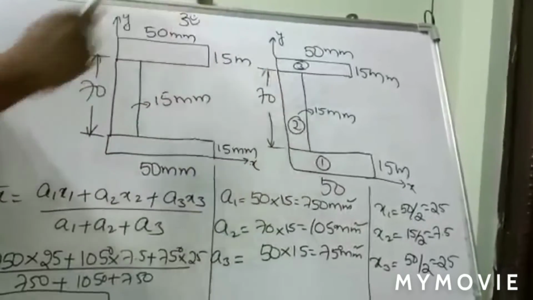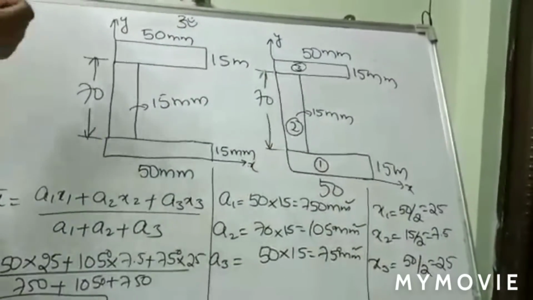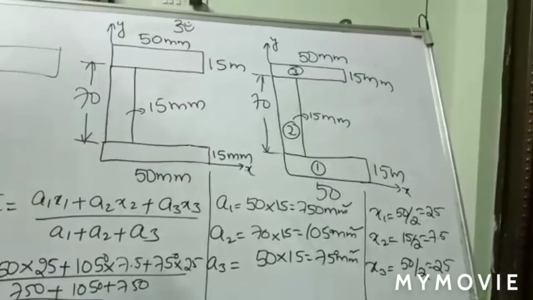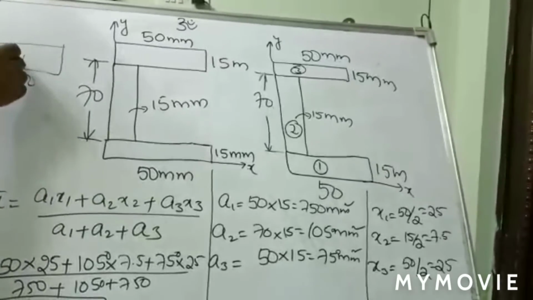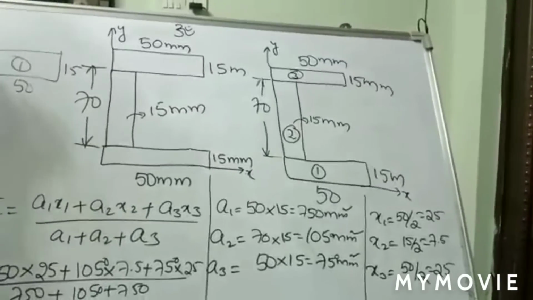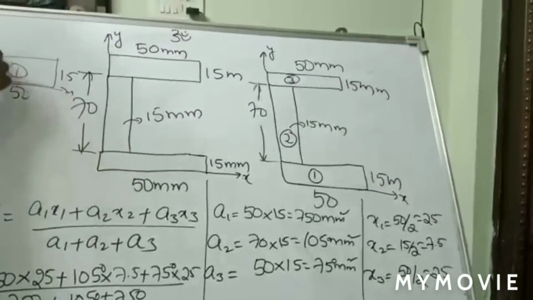While calculating x1, x2, x3, simply take each and every block. The first block is 15 into 15, block 1, and we are considering this x axis and this y axis.